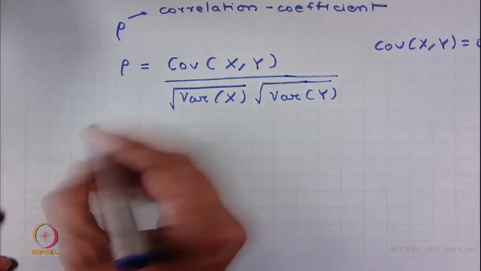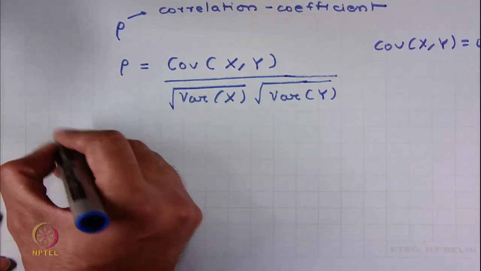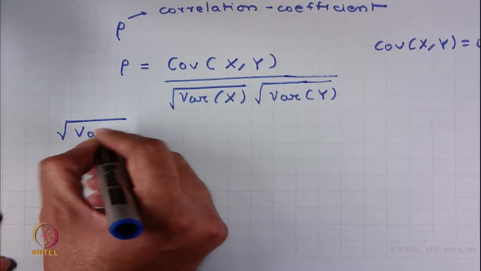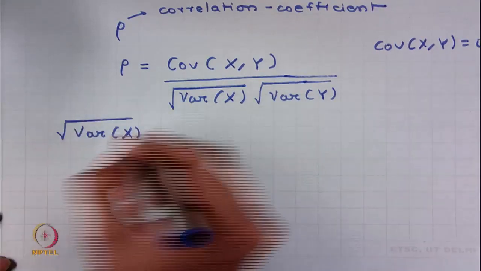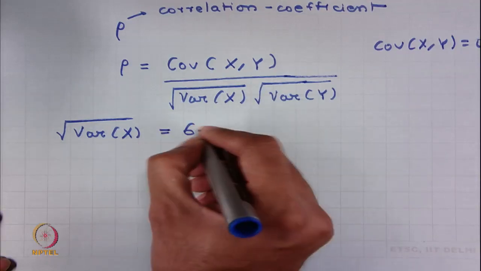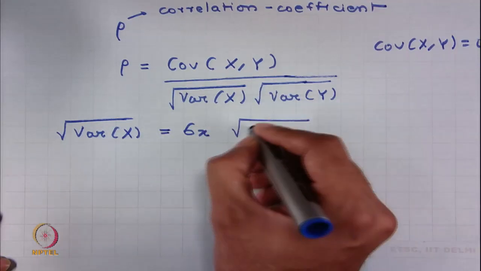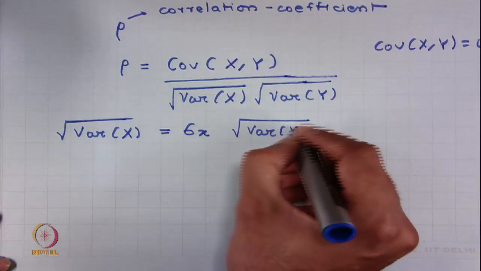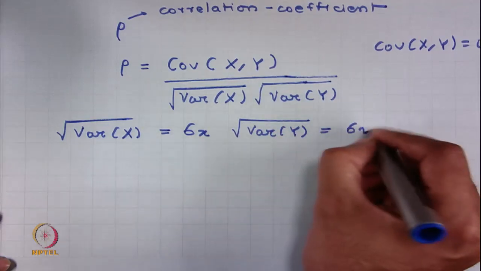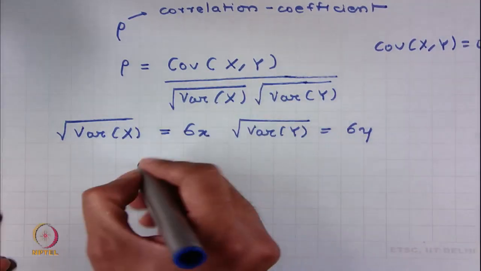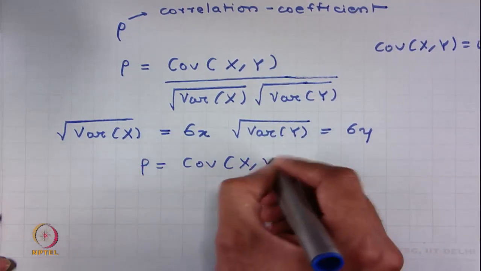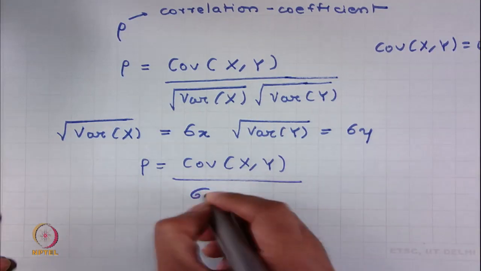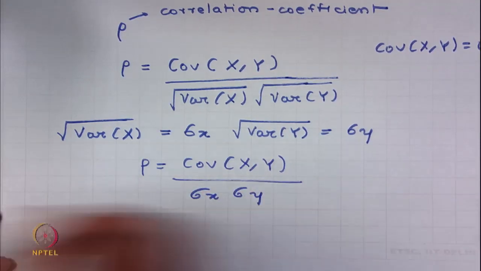Okay. So, to simplify, let me assume that variance of x is sigma x square. So, square root of variance of x is sigma x and square root of variance of y is sigma y. Okay. So, I am defining rho as covariance of x and y divided by sigma x into sigma y.